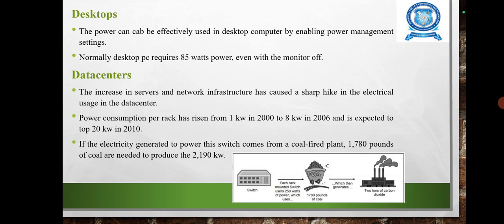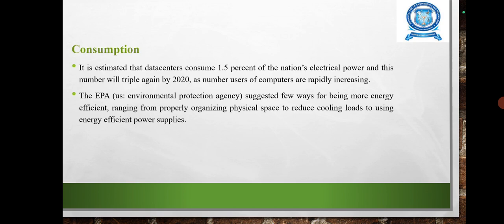Then the electricity generated to power the switch comes from a coal-fired plant, that is, 1780 pounds of coal needed to produce the 2190 kilowatt-hours, as shown in this figure. Next one is consumption.